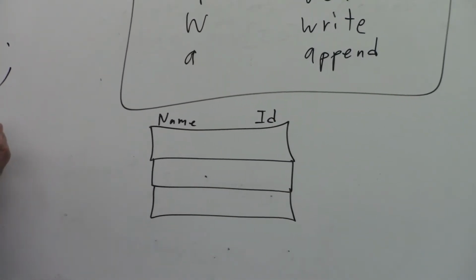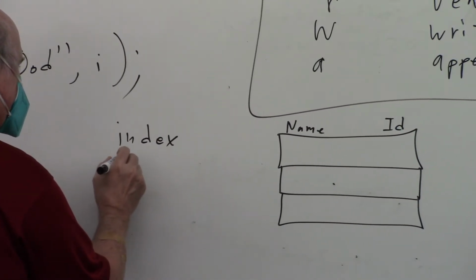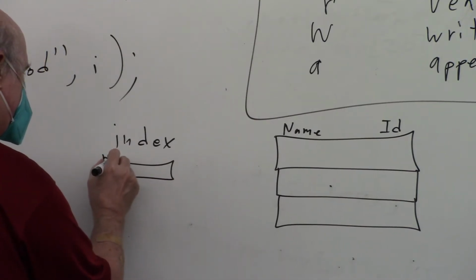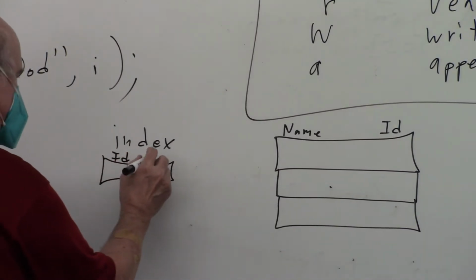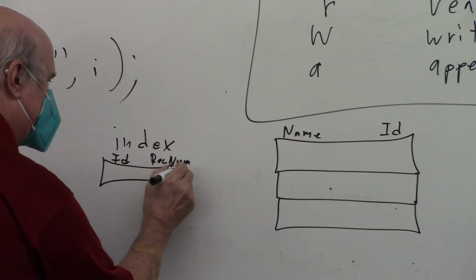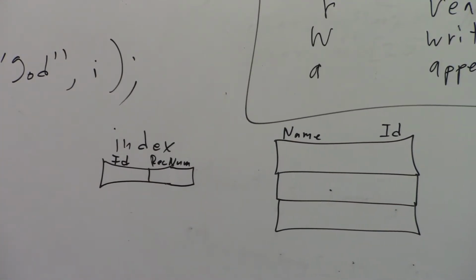And then we're going to have an index file. The index file is going to contain two things: the ID and the record number.